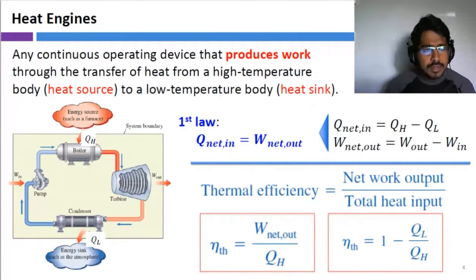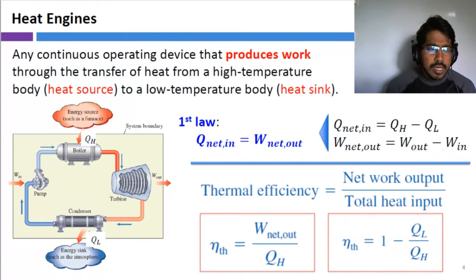Now, let's introduce one of the most important components that we are discussing through this course, heat engines, right? If you look at the definition, any continuous operating device that produces work through the transfer of heat from a high temperature body to a low temperature body is considered to be a heat engine, right?